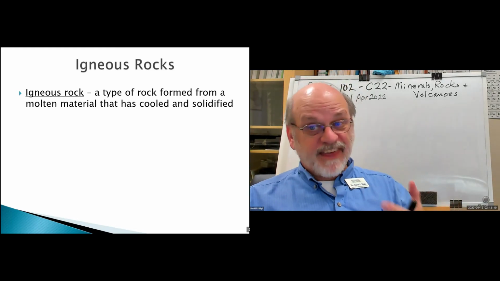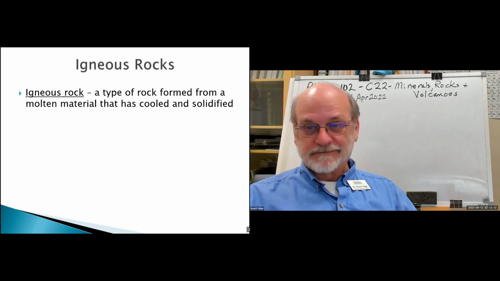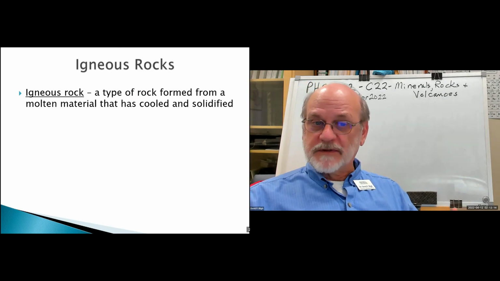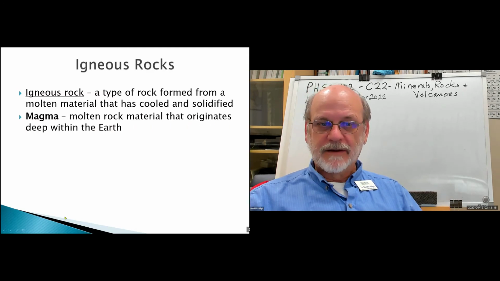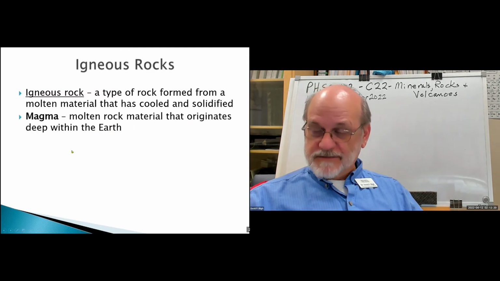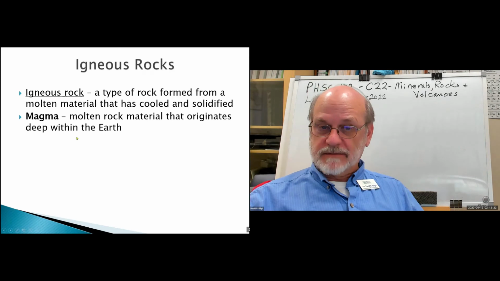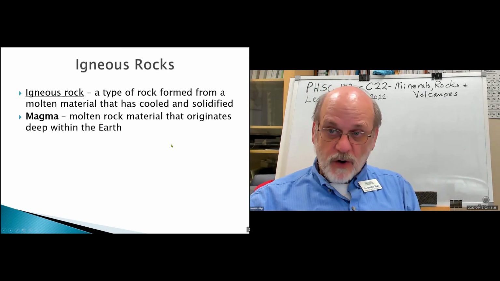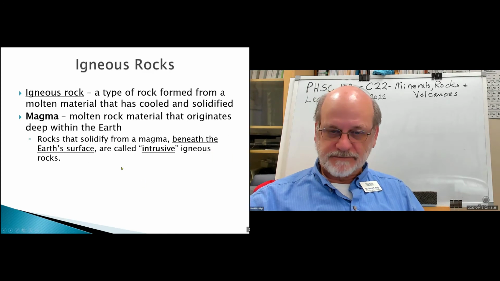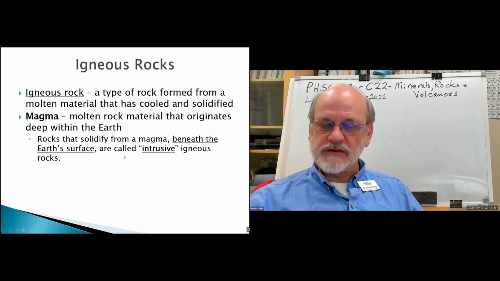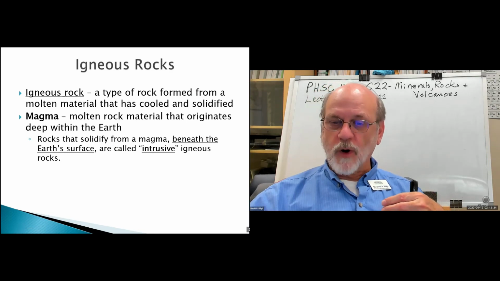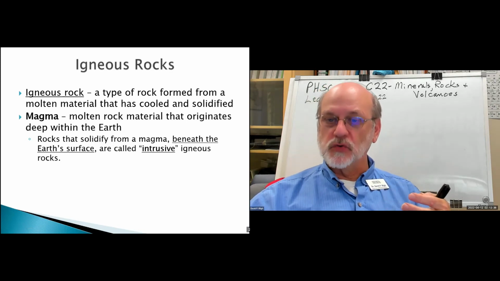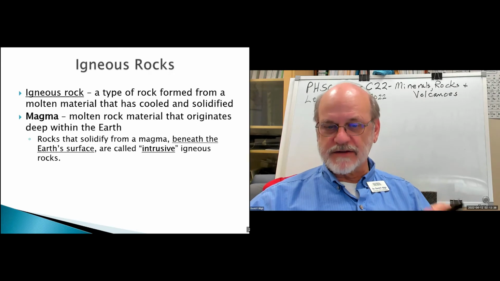Now it might be really thick liquid, but it's still liquid. And then when they cool, they solidify into igneous rock. The name of the liquid is magma. This is molten rock material that originates deep in the earth. And igneous rocks are formed when the magma cools and solidifies.